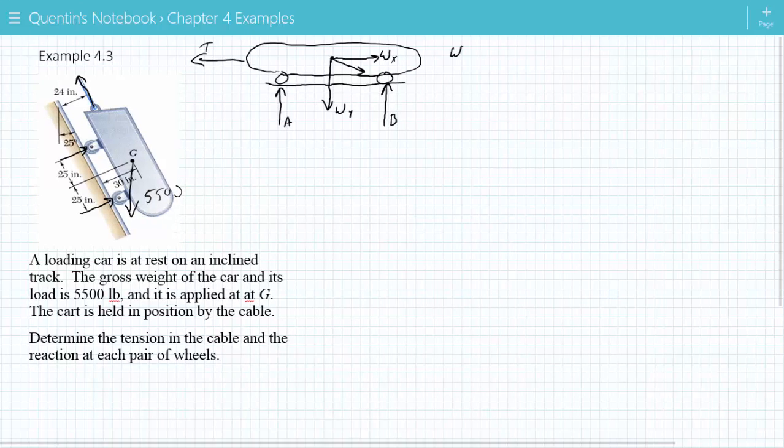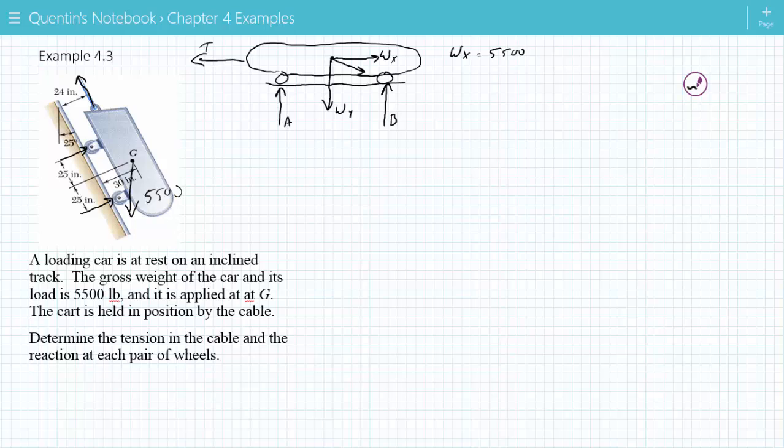W in the X direction is equal to the weight, 5,500 pounds, times cosine of 25 degrees, since it's rotating through 25 degrees. So weight in the X is equal to 4985. And weight in the Y is 5,500 times sine of 25, which is equal to 2324.4.